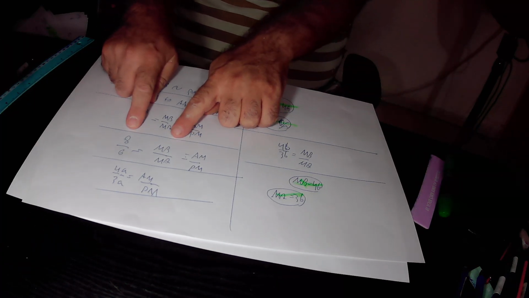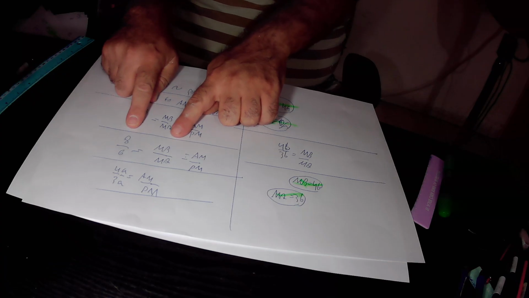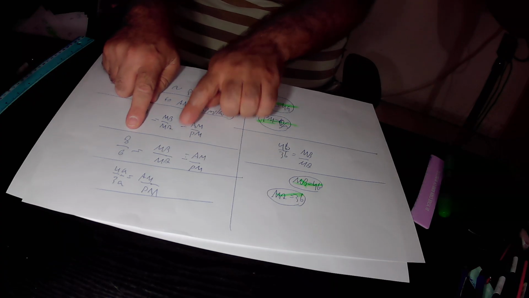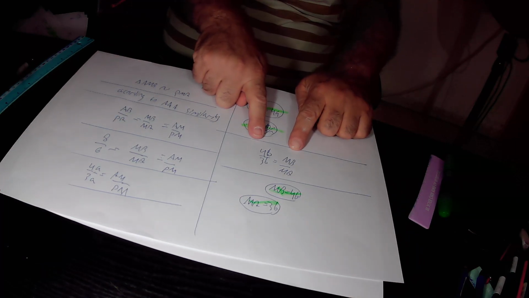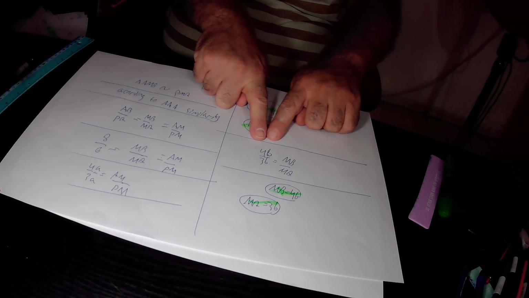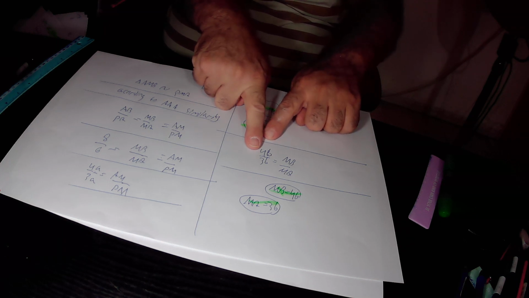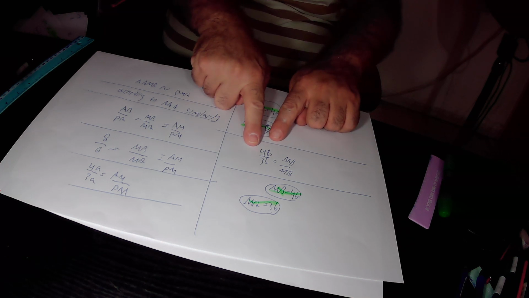Likewise, those two sides are also equal to each other. That is to say, 4/3 equals MB over MQ. We multiply both the numerator and the denominator of this number by B. It is allowable to multiply anything by 1.